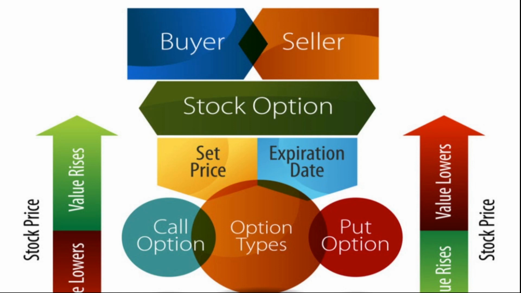So, the expiration date. Options do not only allow a trader to bet on a stock's rising or falling, but also enable the trader to choose a specific date when they expect the stock to rise or fall by. This is known as the expiration date. The expiration date is important because it helps traders to price the value of the put or the call, which is known as the time value.